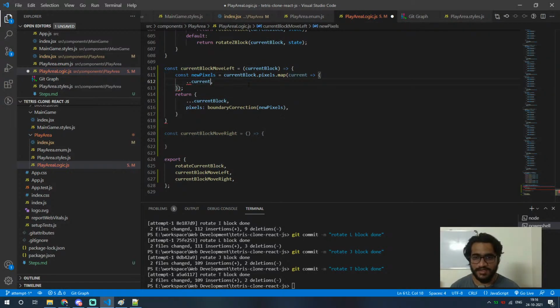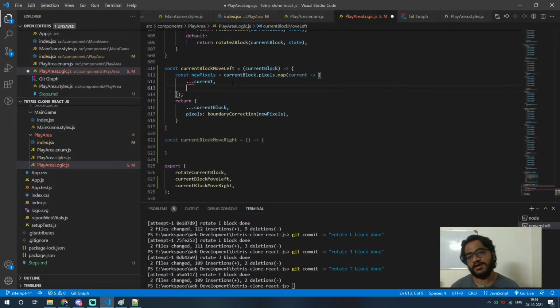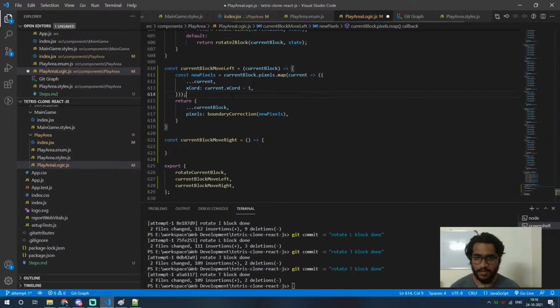Okay, so x coord: since we are moving left, x coord will be minus 1, right? So current x coord minus 1.